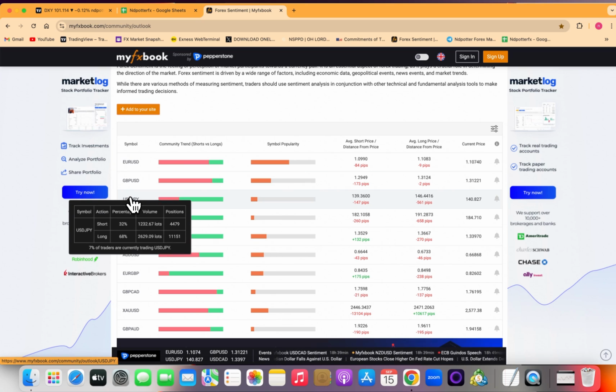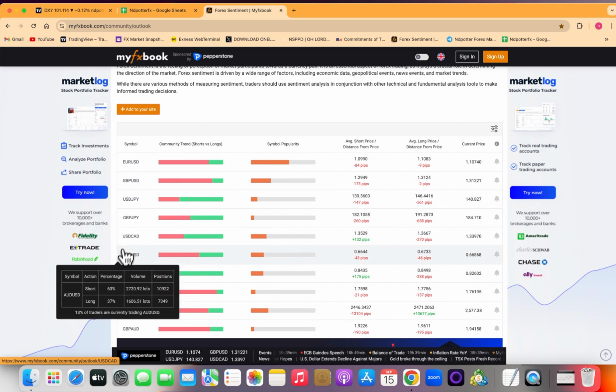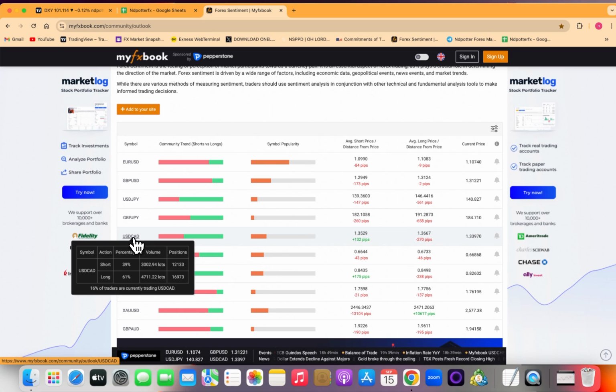Looking at USDJPY, you see their long is at 66%. I would like it to get to like 94 for me to start longing. Same thing here. If you look at USDCAD, you will see that their short position is 39%, while their long position is on 61%, which I expect to go up to 94%.